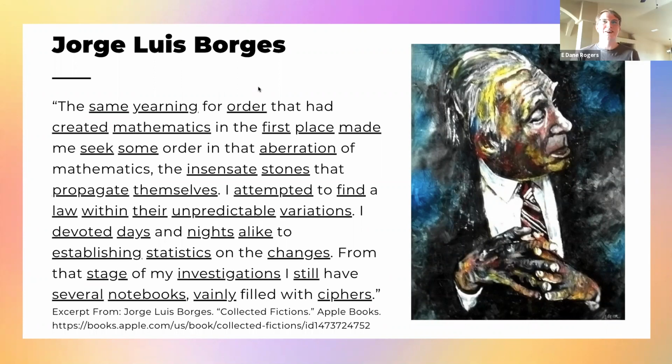Very good. A lot harder than the Ursula Le Guin, right? Yeah. So let's take a look at some of these words. Same, just a single syllable word, but how about yearning? How many syllables in yearning? 2. 2, and where's the stress? In the beginning, yearning.